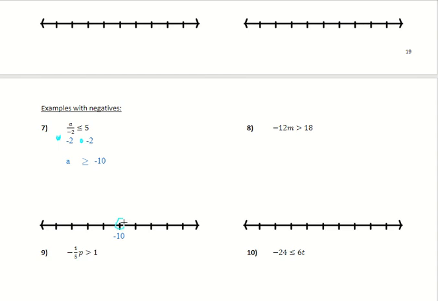Since that includes an equal part, I'm going to include the number -10 in my solution set. So -10 works. So I'm going to fill in that circle, and then I want all of the numbers now where my a values are greater than or equal to -10. So that is coming over here to the right.